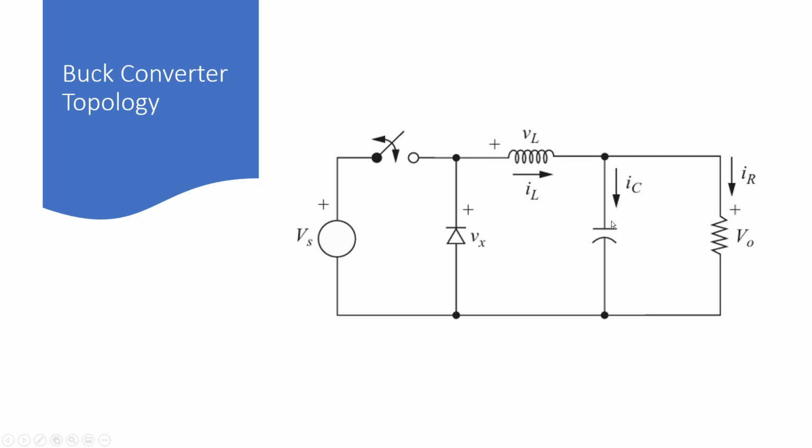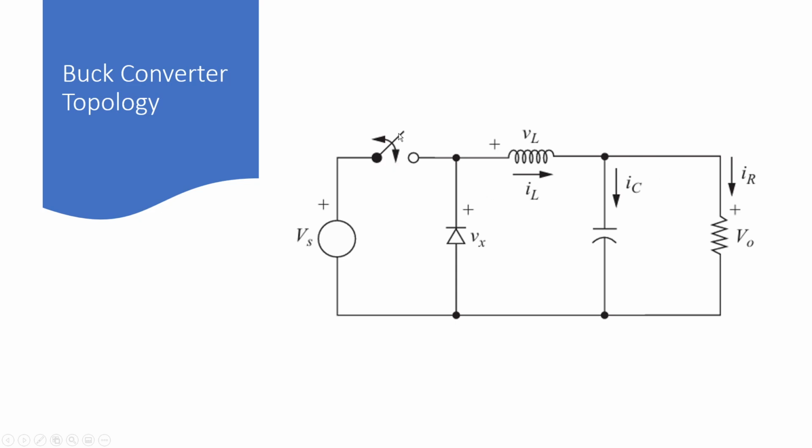The inductor and the capacitor will be the filter. The switch controls the output voltage, and because the output voltage will be like a square wave, it needs to be filtered to become an almost constant output voltage.